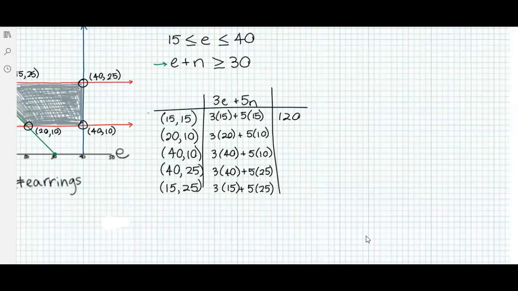This would be 60 plus 50, which is 110. 120 plus 50 is 170. 120 plus 125. Or write it out if you need, if you don't feel like using your calculator. That gives us 245. 45 plus 125 gives us 170.